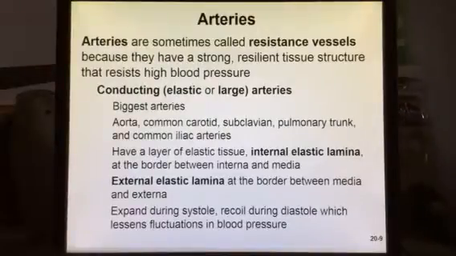They have a resilient tissue structure, again, to resist that high blood pressure. The biggest arteries are called conducting arteries, the aorta, of course, being the biggest, the common carotid artery, subclavian, pulmonary trunk, and the iliac arteries. Those are the biggest ones. Again, when we get into the dissection and in the lab, you will find out where all of those are and see that they are the largest.